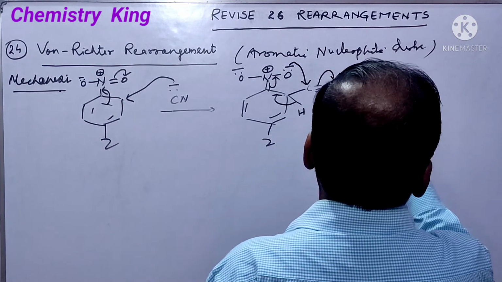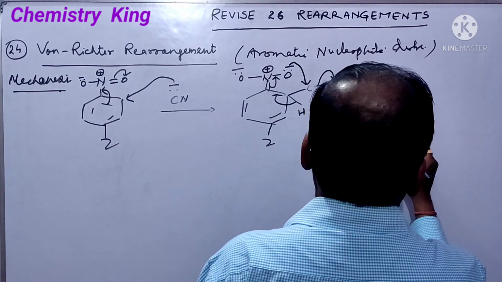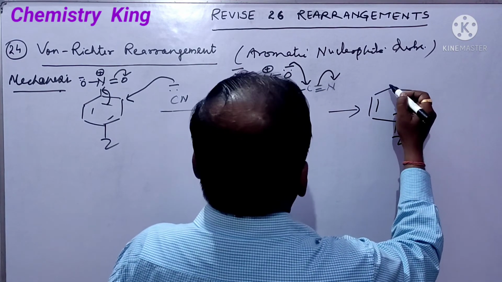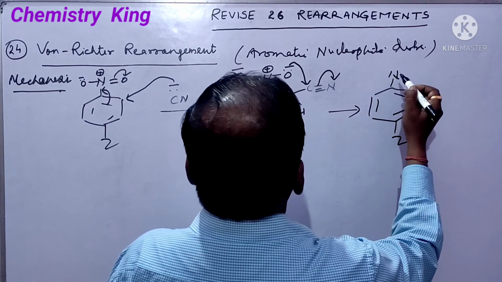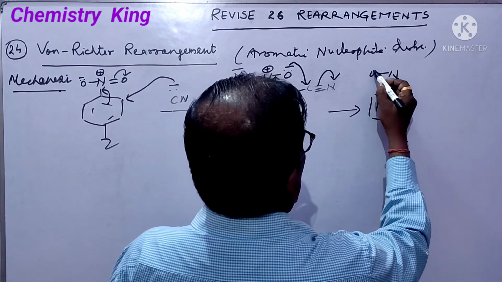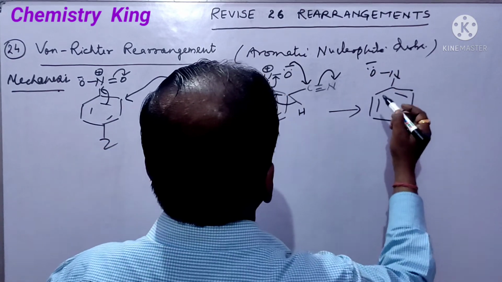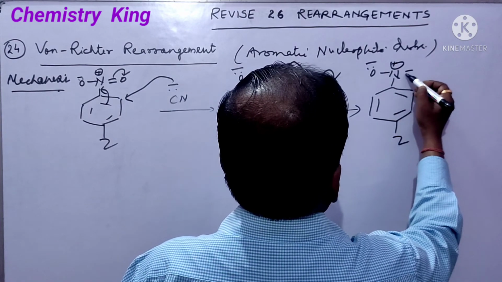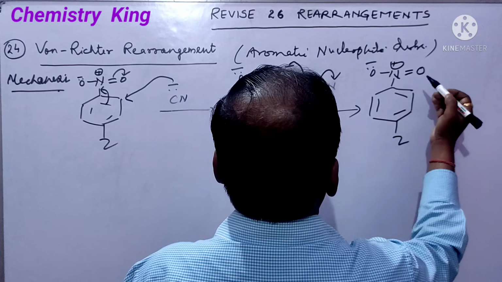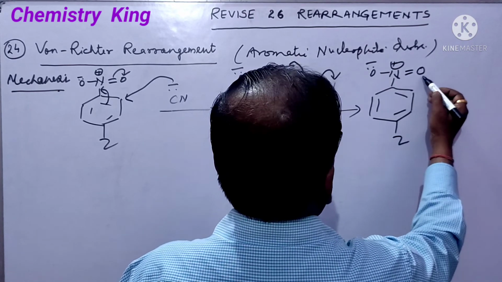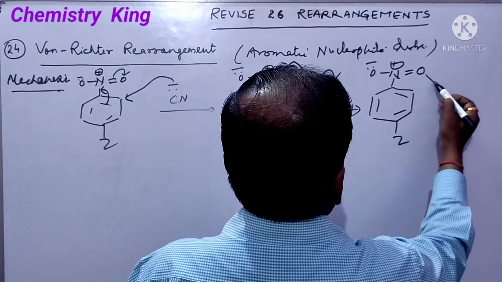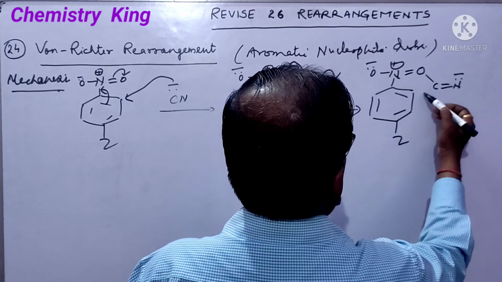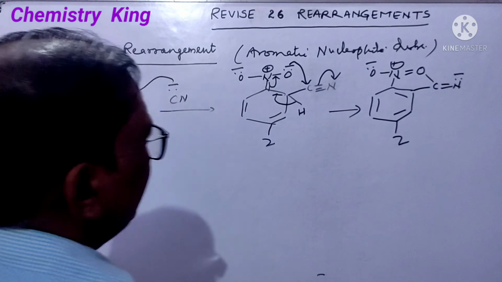So you will get this Z, N, O minus, it is positive charge, double bond O, C double bond N minus this.